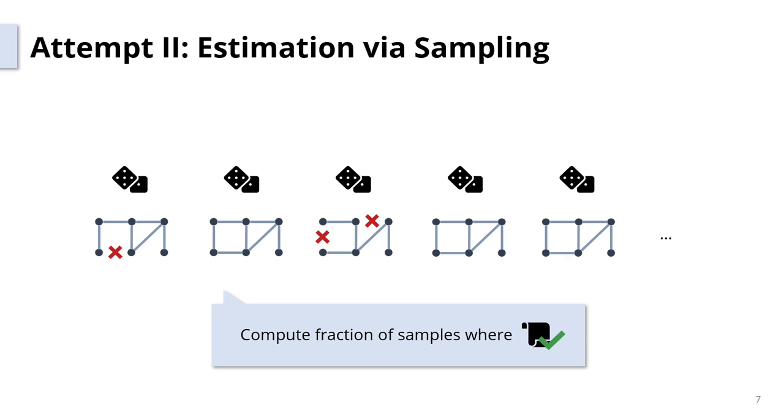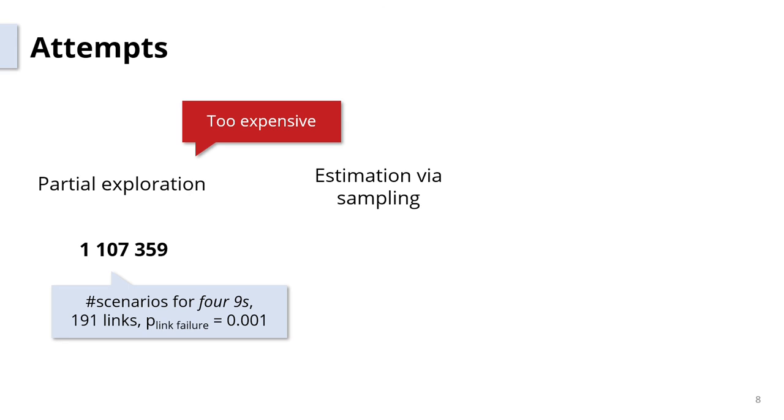So we can use concentration bounds such as Hoeffding's inequality to compute how many samples we need in order to achieve a desired precision with high confidence. In our example from before, we would actually need more than 700 million samples in order to verify a 4 nines property. This is clearly also too expensive.